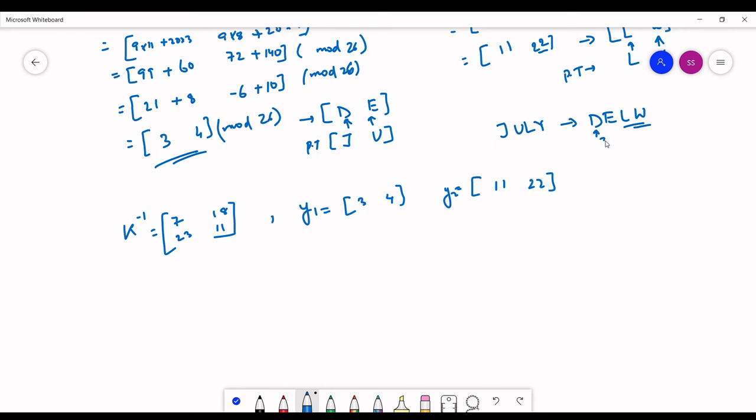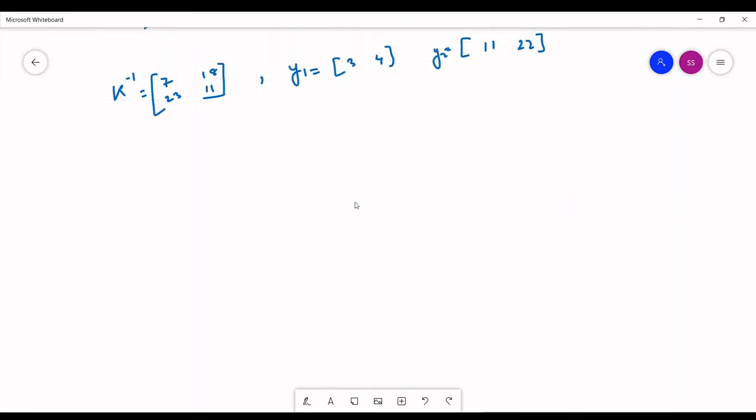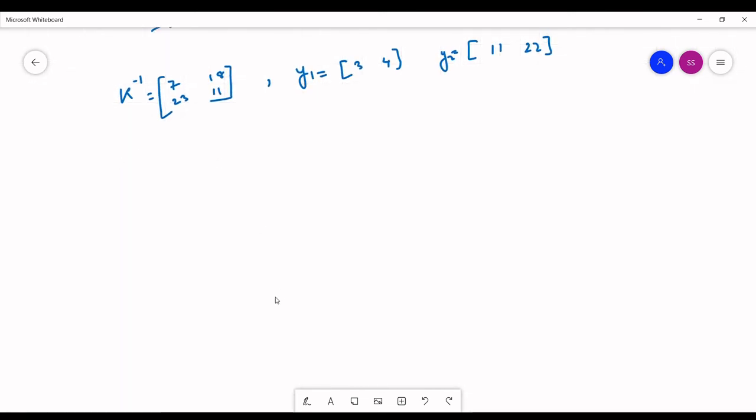So D is 3, E is 4. So I'm taking 3, 4 in Y1. Then L is 11, W is 22, so Y2 is 11, 22. Now for decrypting this, we know the formula. Let's first decrypt Y1. So Y1 will give me X1 back, right?